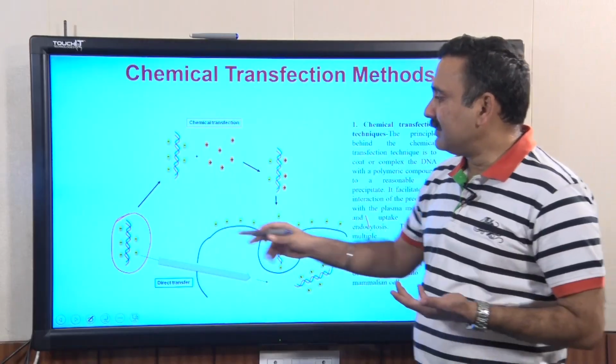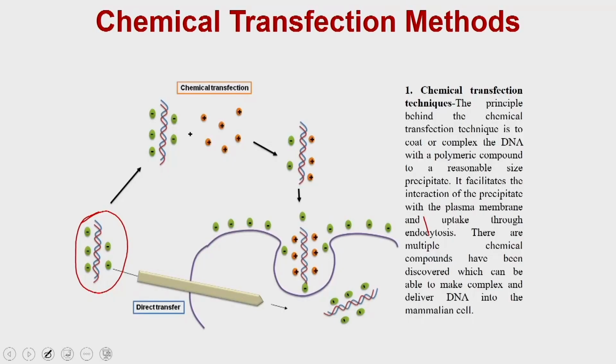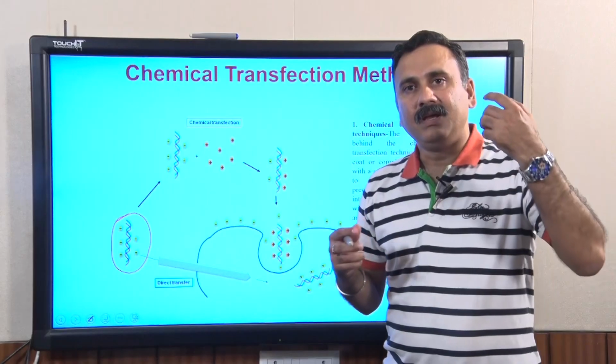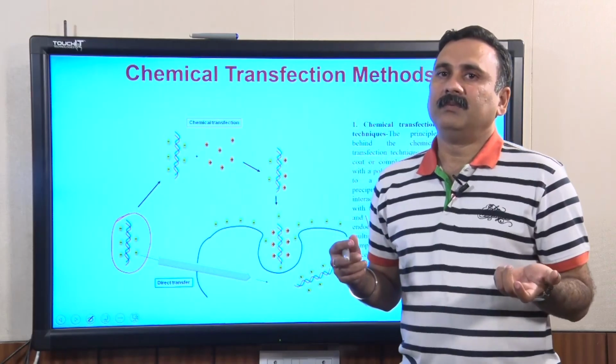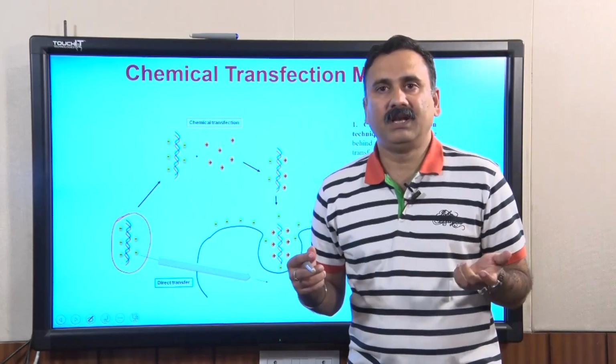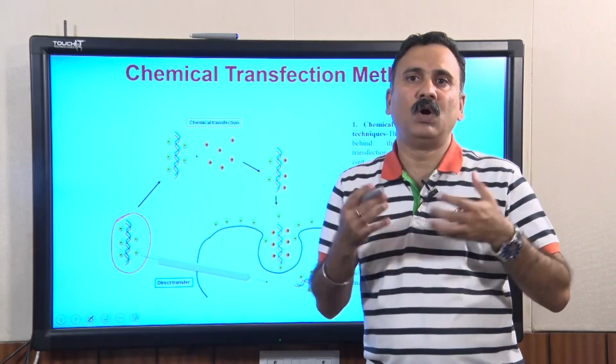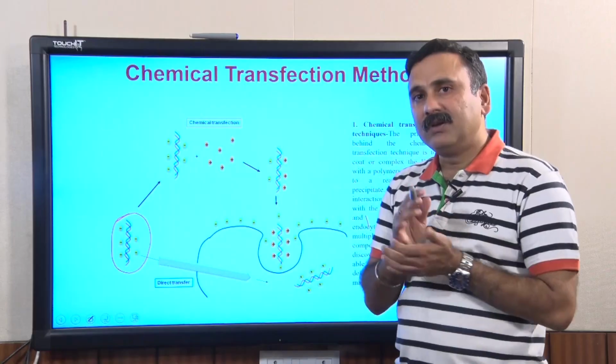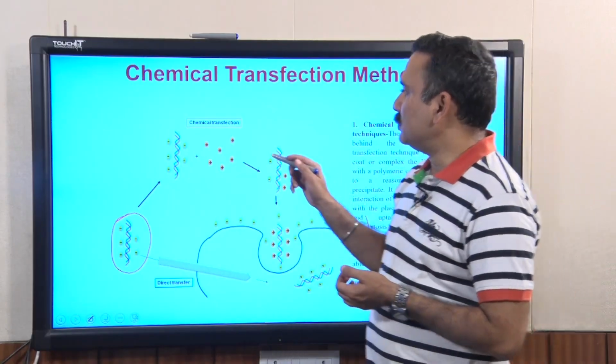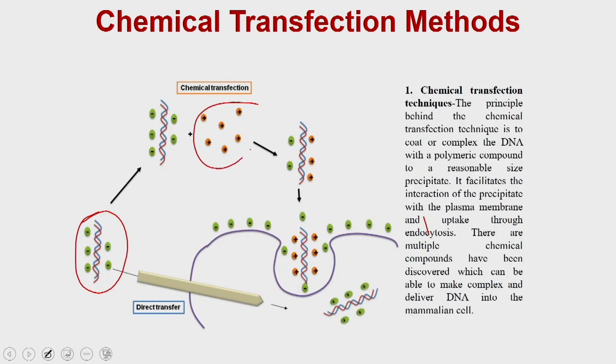This negatively charged DNA is problematic because it can repel from the negative surface charge present on the mammalian cells. Because of that, you are going to add chemical molecules which are mostly cationic, or positive in nature.